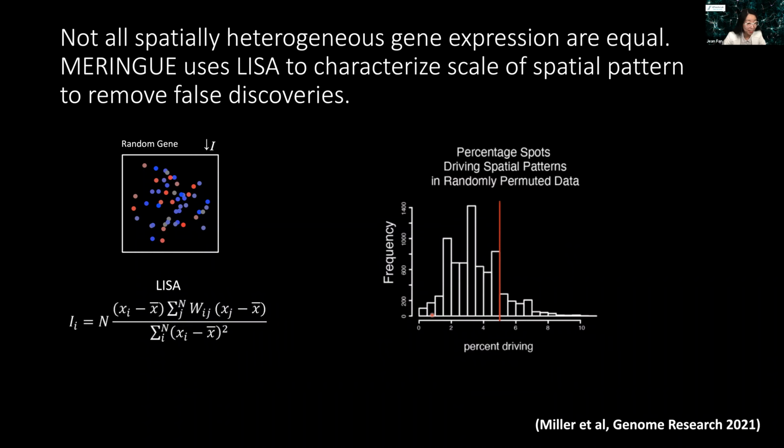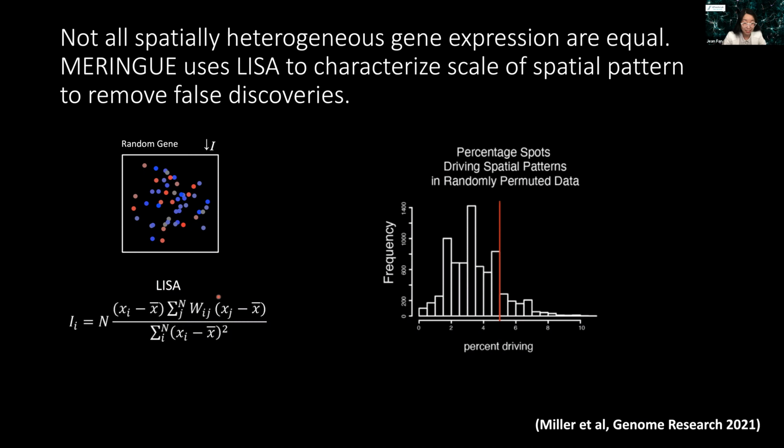So MERINGUE builds on another geospatial statistic called local indicators of spatial autocorrelation, or LISA, to characterize the scale of the spatial patterns. So we don't look for just significant spatial autocorrelation, but also spatial autocorrelation that is driven by a sufficient number of cells or sufficient percentage of cells.